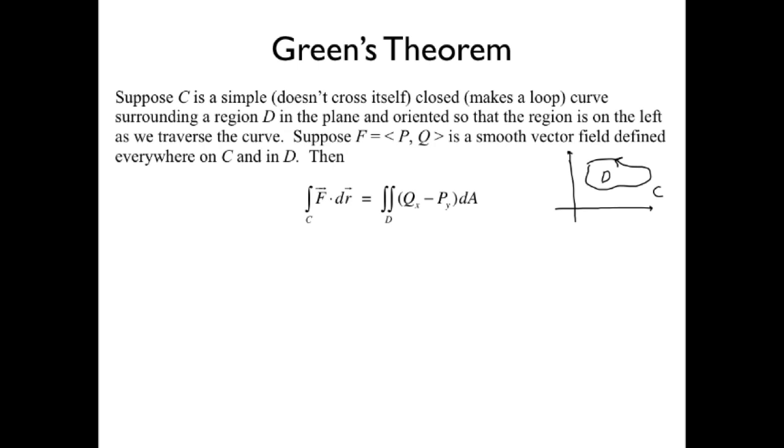Green's theorem says that the work or the circulation around the boundary of D, or around C, is equal to the double integral over the region D of this function, Q of x minus Py. So the partial of Q with respect to x minus the partial of P with respect to y.